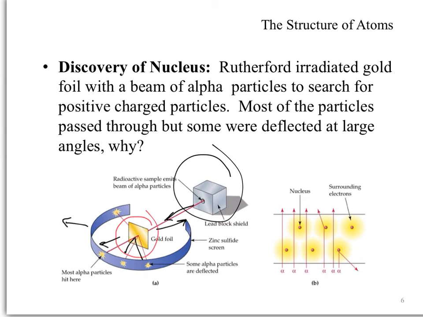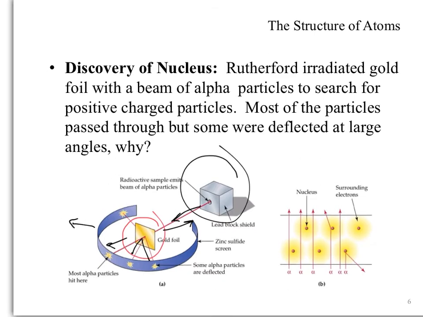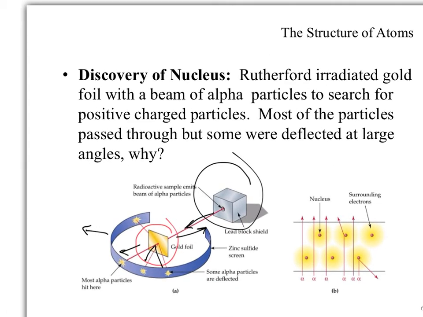We are saying so because the alpha particles are positively charged. Only if a positive charge hits another positive charge would you think that it should deflect back and repel to that extent.